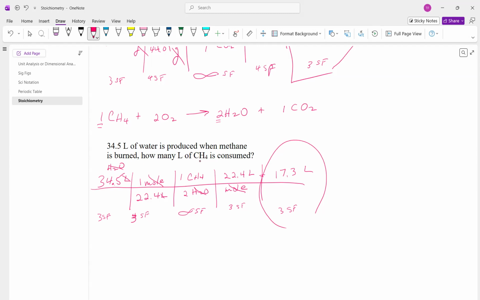Now, gases get complicated when you're doing stoichiometry, because if it's not at STP, then you have to use the ideal gas law to figure out the volume on the front end and the back end. So it's still 3 steps, but the conversion is very awkward. This is the ideal gas law, where n is moles.